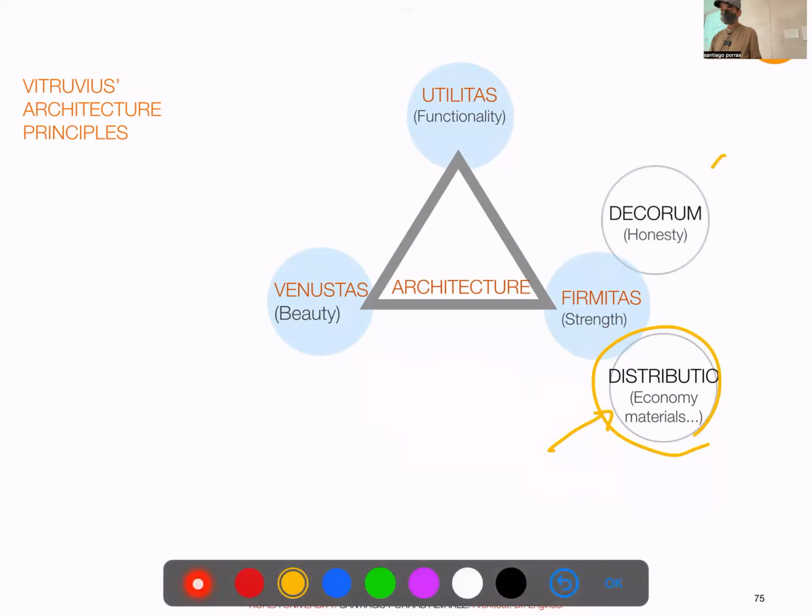But also decorum, honesty, which means making the design just adapted to the needs, to what you need in terms of function, but also in terms of symbolism, right? A temple will have some kind of expenditure which an individual house will not have. This is what makes the Firmitas.